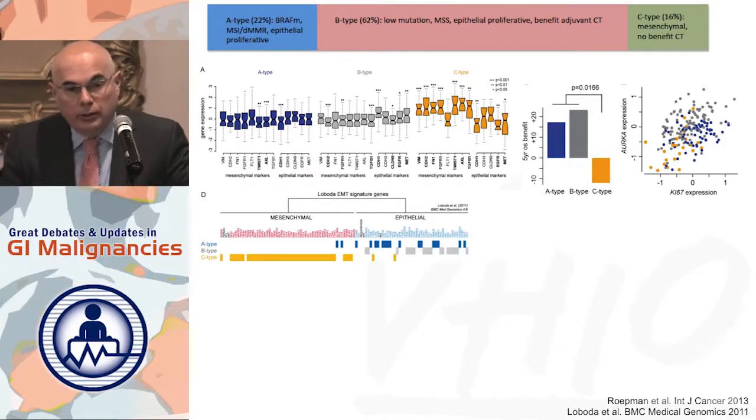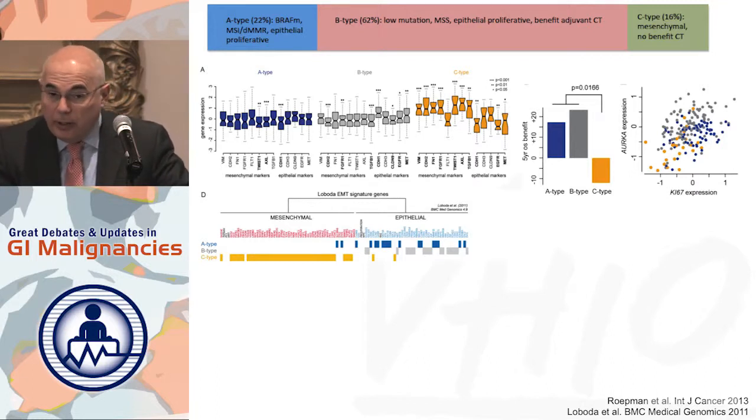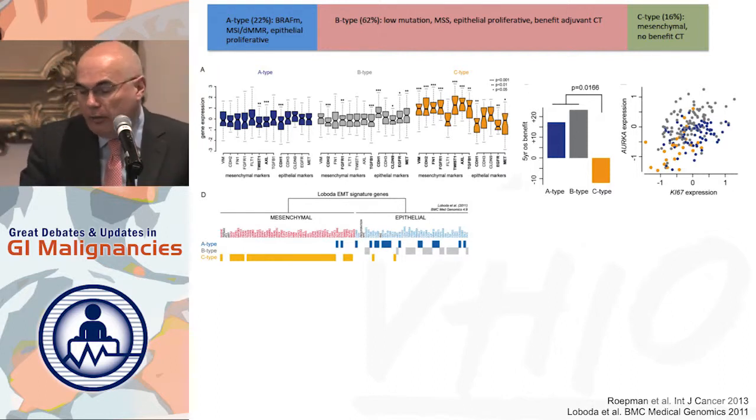So another implication that this gene expression analysis has, as you can see here, is that those patients with type A and type B, those that benefit from adjuvant chemotherapy, have a higher expression of genes that are related to proliferation, like aurora kinase A and Ki67.